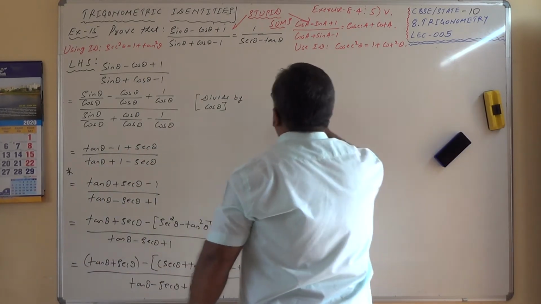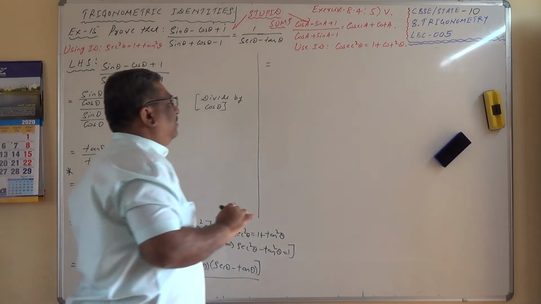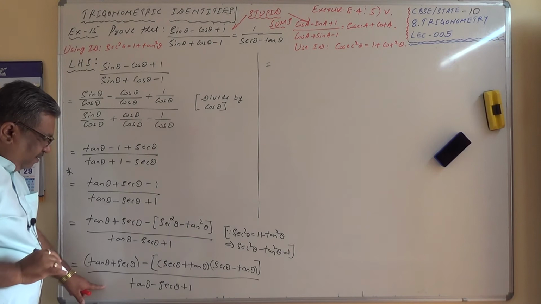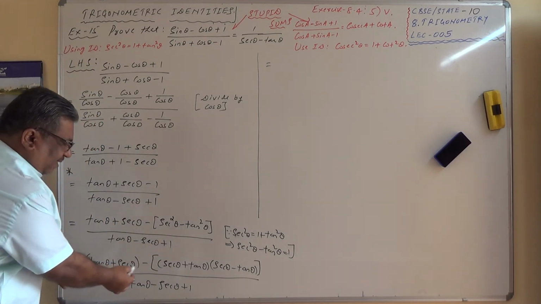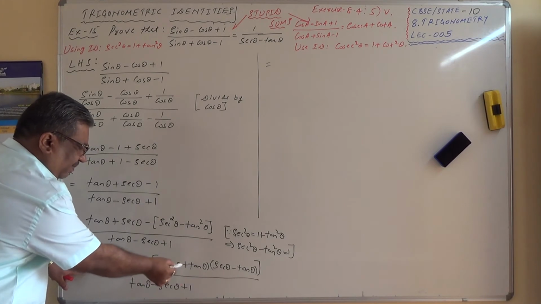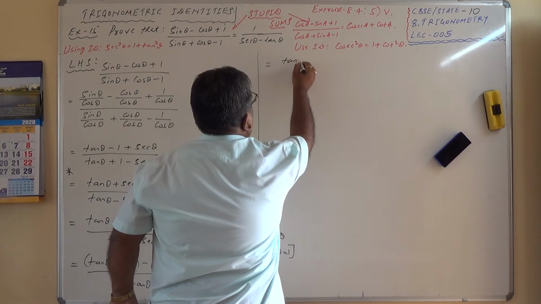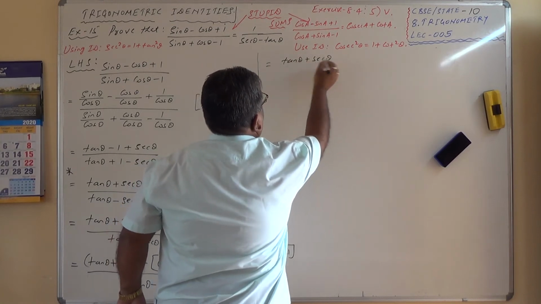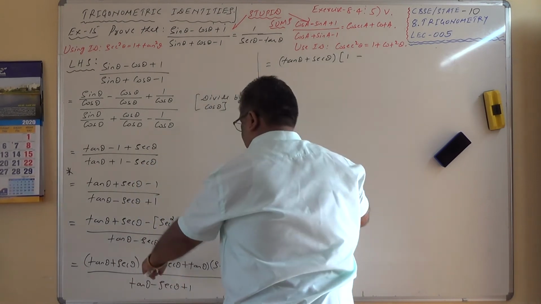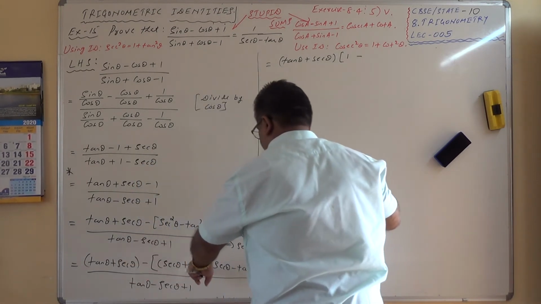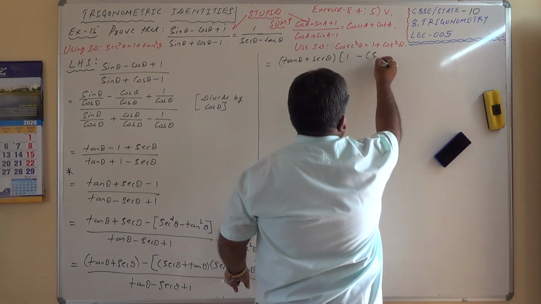Which equals, here, what is the common? Tan theta plus sec theta, tan theta plus sec theta. This term is common. Take this common out. Tan theta plus secant theta into bracket 1 minus; this is common and this term is left, sec theta minus tan theta.